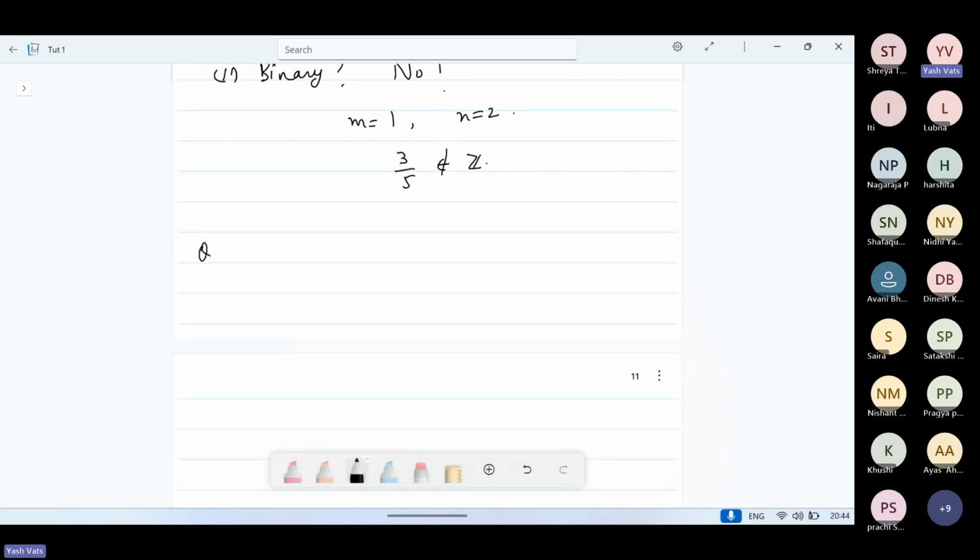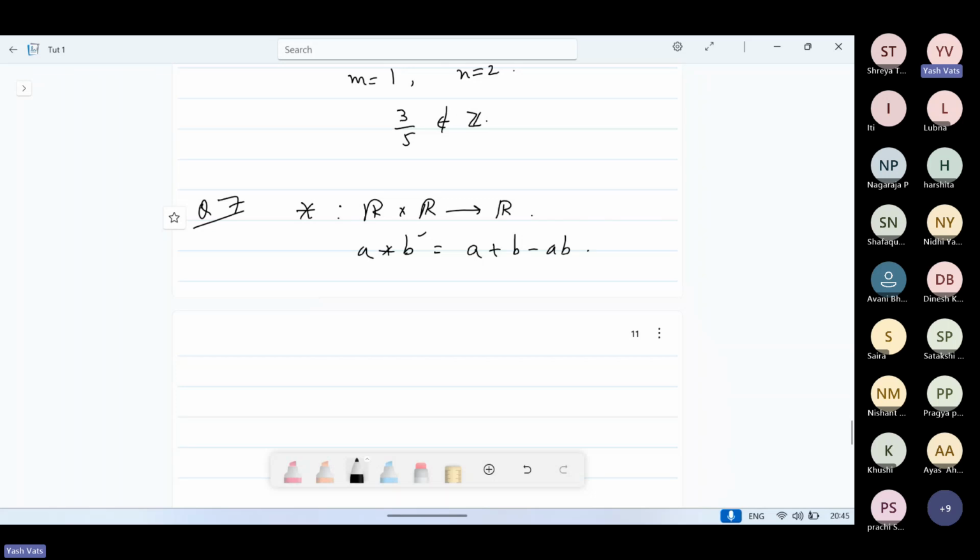Another question I have in mind: if you define star to be an operation from R cross R to R, then again check the same things. A star B is defined as A plus B minus AB.